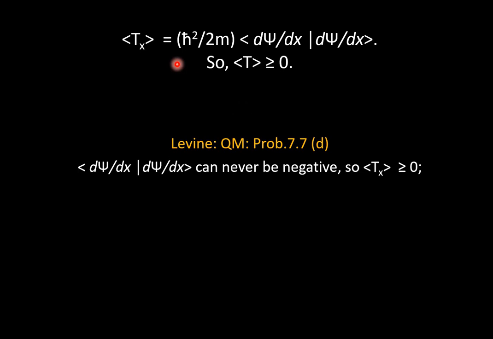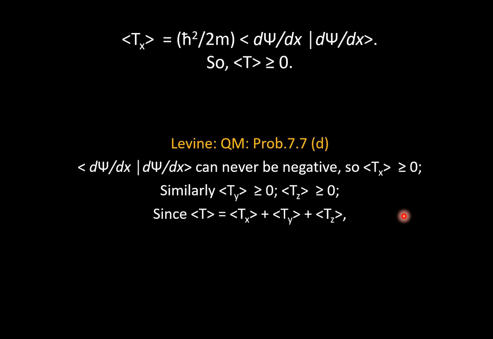So from the question itself, Tx average is greater than or equal to 0. And similarly Ty and Tz, and T is the sum of all three, Tx average, Ty average and Tz average, and each of the three is greater than or equal to 0. So obviously T average is greater than or equal to 0. Okay.